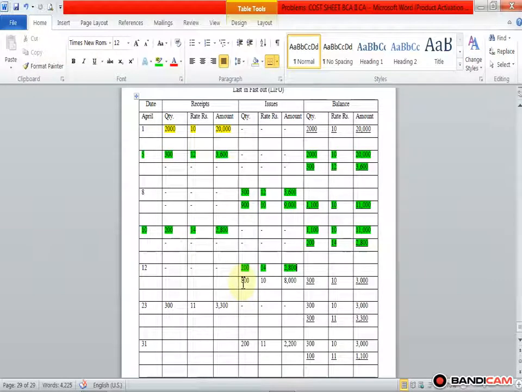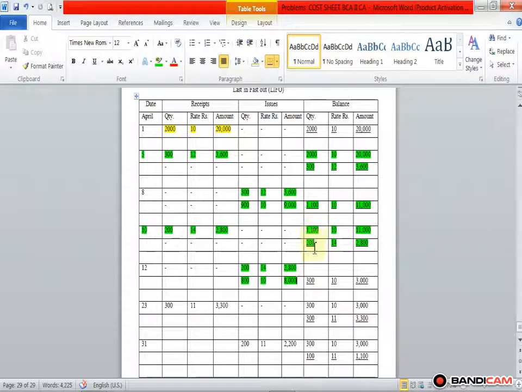So here again we issued 800, total 1000 material issued. Those materials which are received last are issued first, and the remaining material is issued from the first lot of 1100. So total issued material is 800 plus 200 is equal to 1000 material.